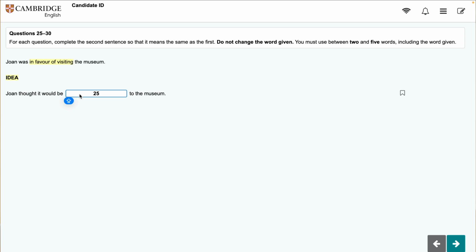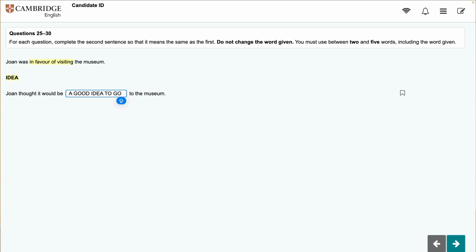John thought it would be a good idea to, the infinitive, to visit the museum. Since I've got to the museum, I won't use visit, but go to the museum. So here we are. John thought it would be a good idea to go to the museum.